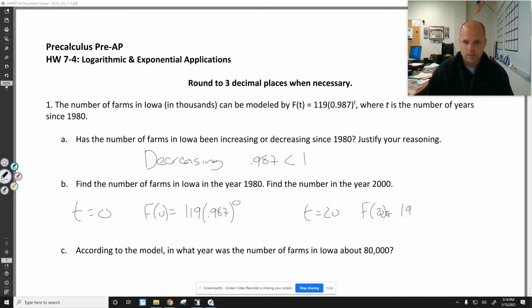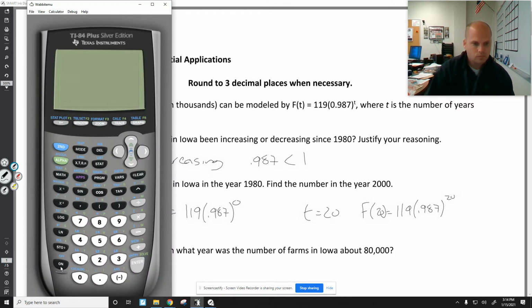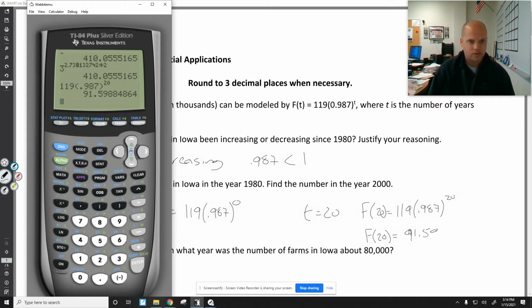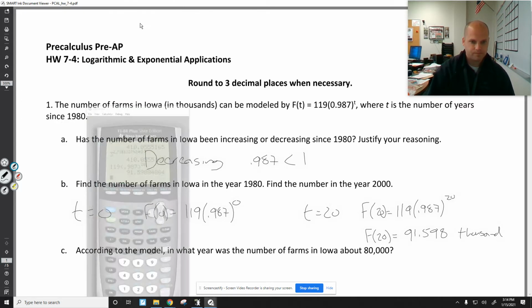So when t is 20, what is this? Break out your calculator. 119 times 0.987 to the 20th. 91.598. We like to round things to whole numbers sometimes, but it's always safe. In calculus land, we round or truncate to the third decimal place. So that would be the amount.